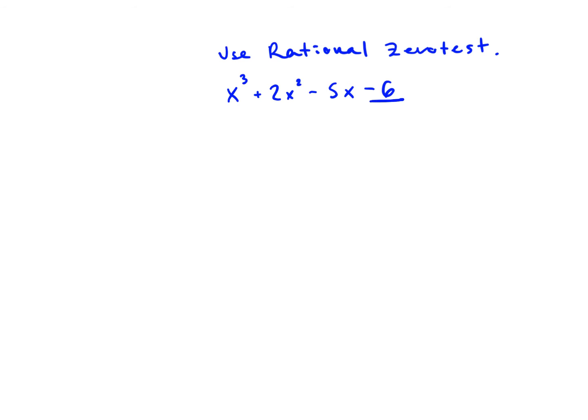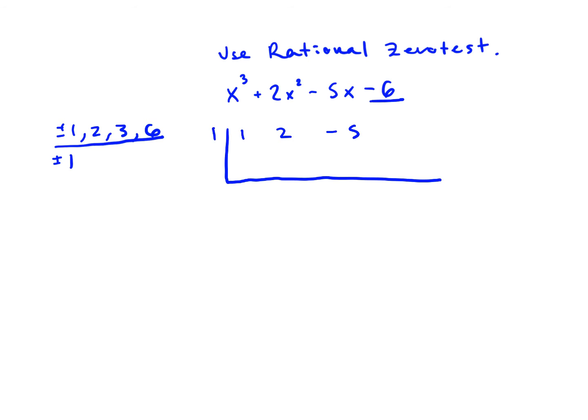Right, so last over first. So what are some factors of 6? 1, 2, 3, and 6. And factors of our leading coefficient? 1. Plus or minus. So what do you want to try first? Let's try 1. What's going to go inside of our box? 1, 2, -5, and -6.